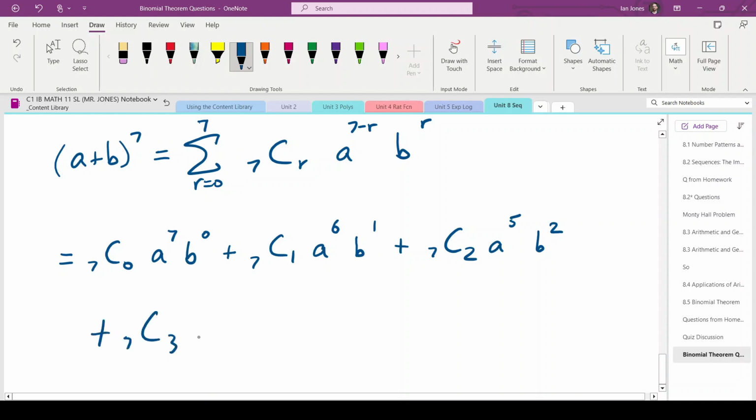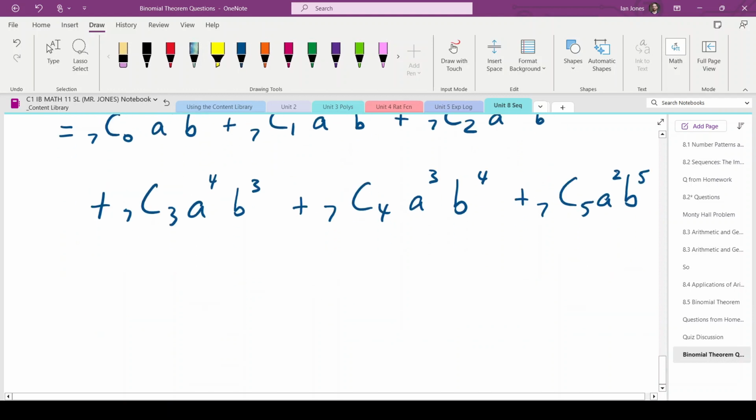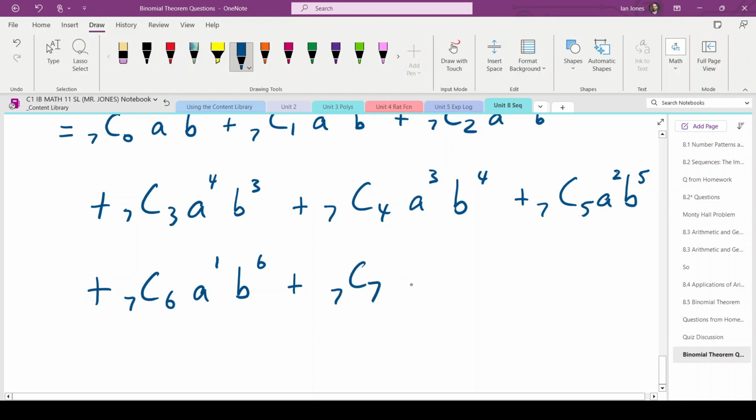Plus 7 choose 3, a to the 7 minus 3, that's 4, b to the 3, plus 7 choose 4, a to the 7 minus 4, that's 3, b to the 4, plus 7 choose 5, a to the 7 minus 5, that's 2, b to the 5, plus, we're almost there, we're on to r equals 6 now, so 7 choose 6, a to the 7 minus 6, that's 1, b to the 6, plus, finally, r equals n, 7 choose 7, a to the 7 minus 7, that's 0, b to the 7.